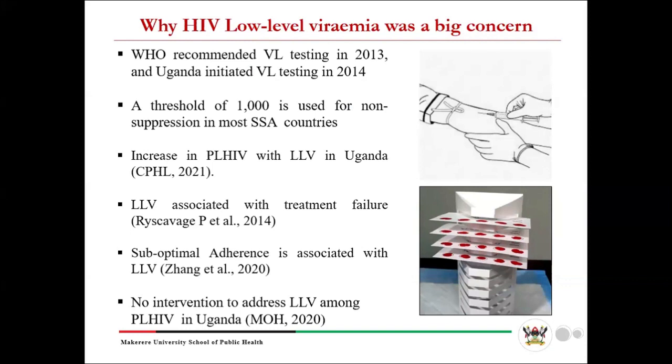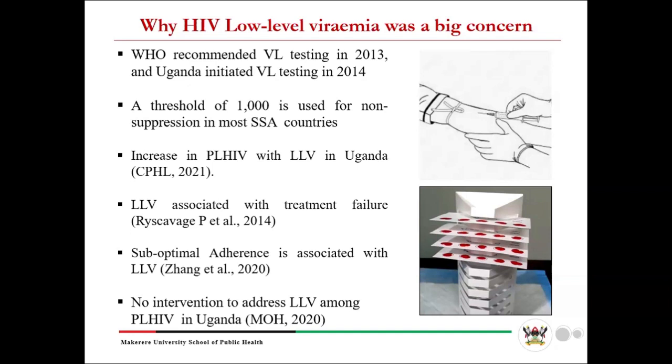However, other international organizations like the CDC and the International Association of AIDS Care recommend a threshold of 200 copies per mil. And in some of the European countries, it goes even lower, with thresholds of 50 copies per mil. But in sub-Saharan Africa, most of the countries are still using 1,000.